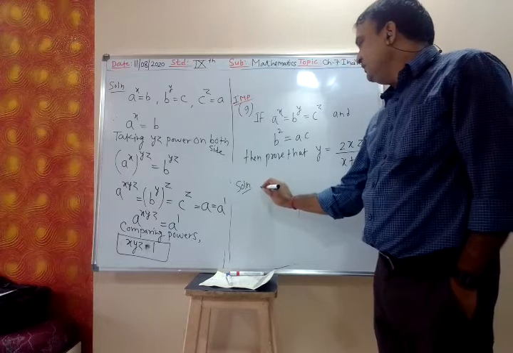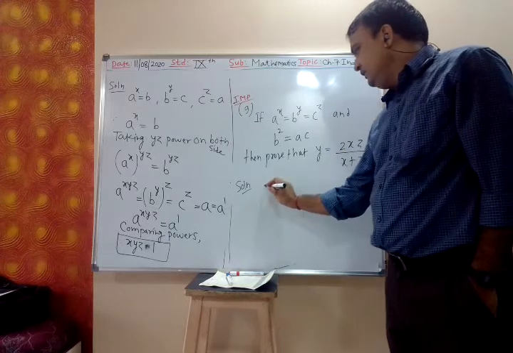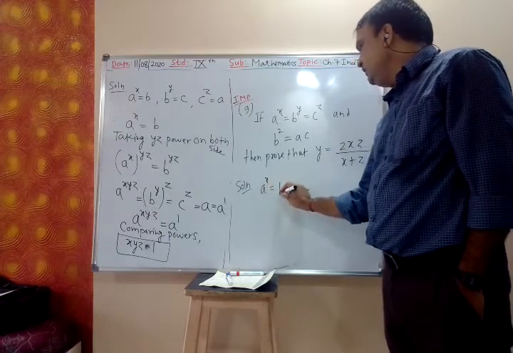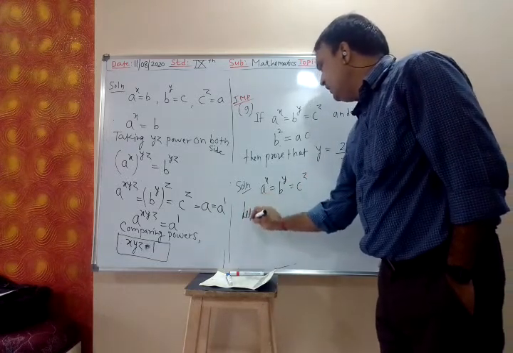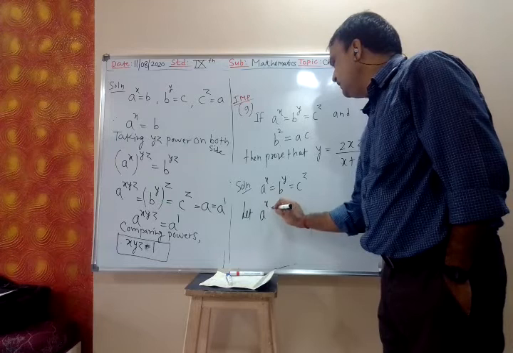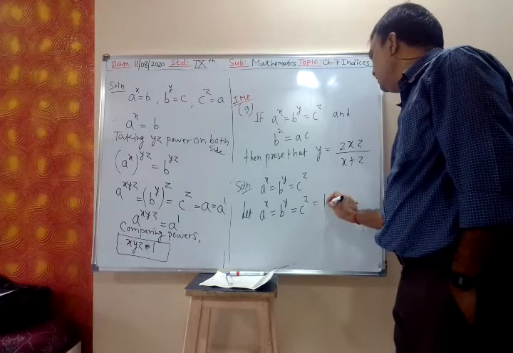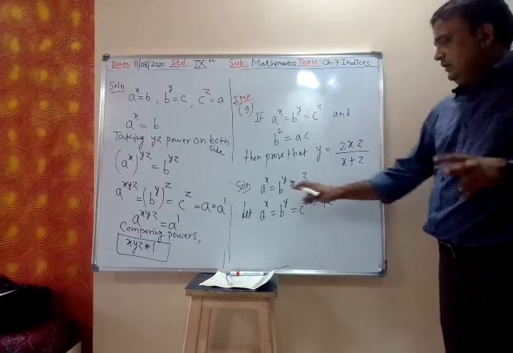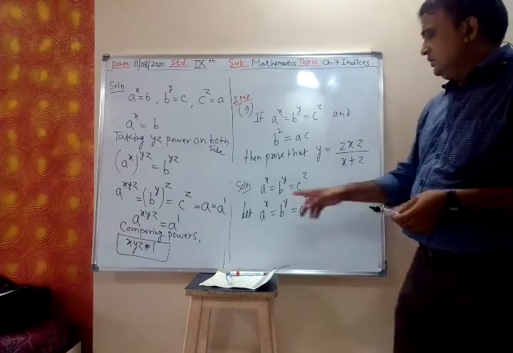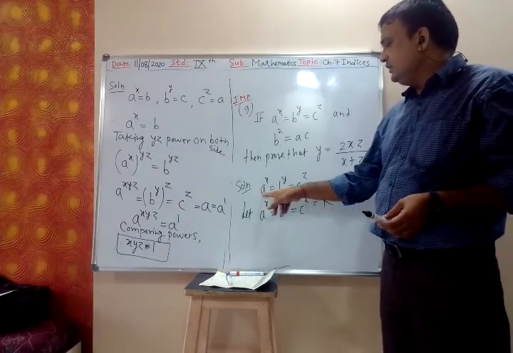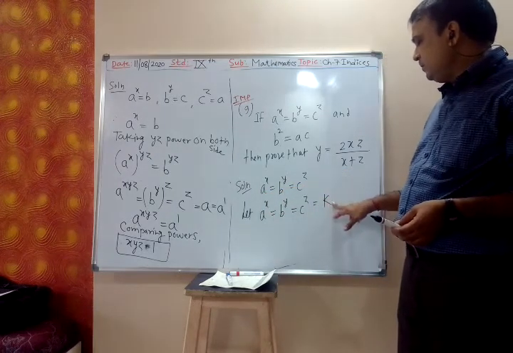We are given a raised to x is equal to b raised to y is equal to c raised to z. Now we take all these three as one common number, some number k. These three are equal means all three have a common value, and let that common value be k.